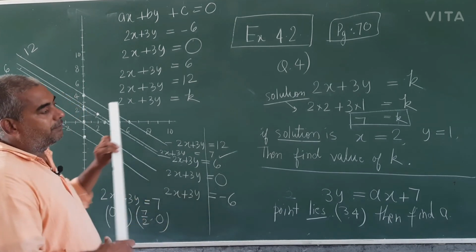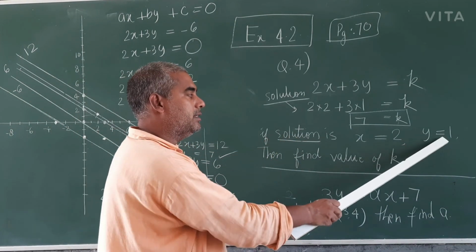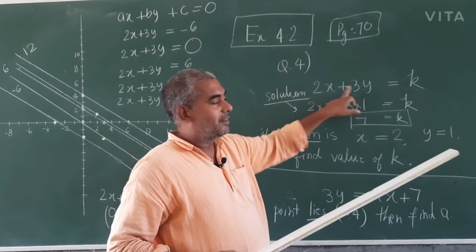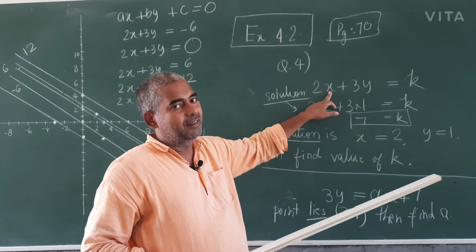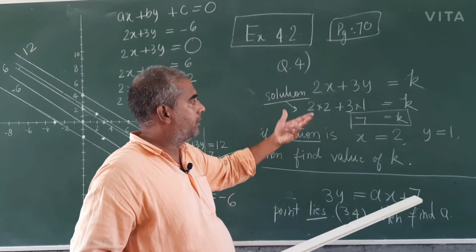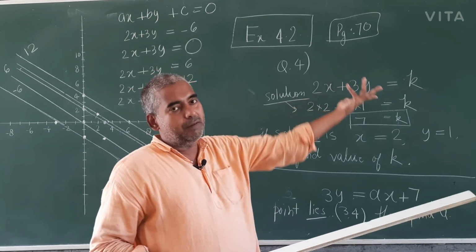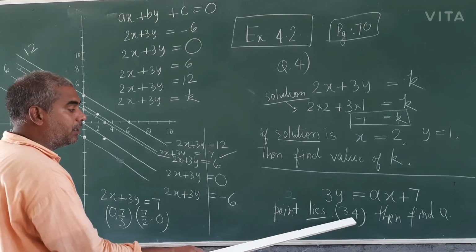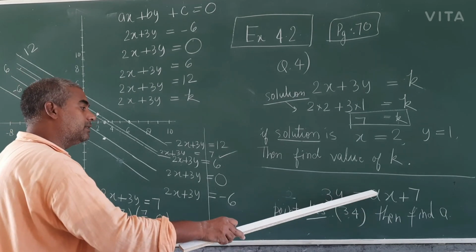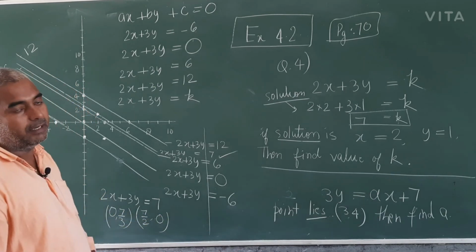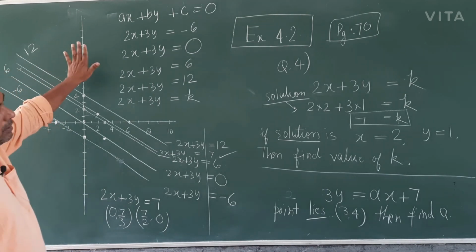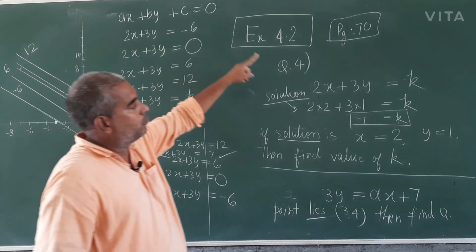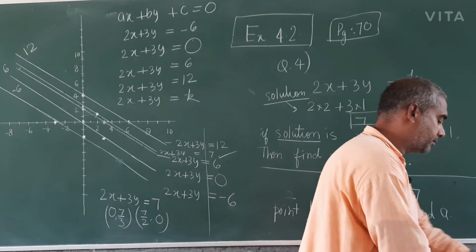For the example, they have given 2, 1. They can give any value, x equal to 4 and y equal to 3, and you have to find k. Similarly, if the point 3, 4 lies on the line, you place the values here and get the value. Okay, this was question number 4.